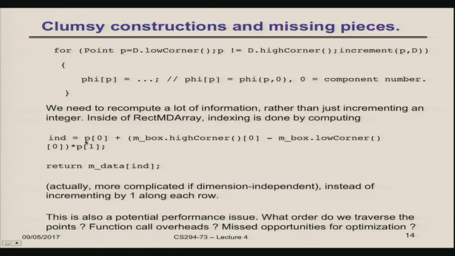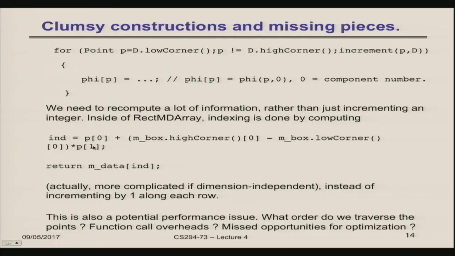And the mapping for that is typically just a flattening. Here's one example. This is row major ordering. You have the flattened index to be P of 0 plus the difference between the high corner and the low corner times P of 1.